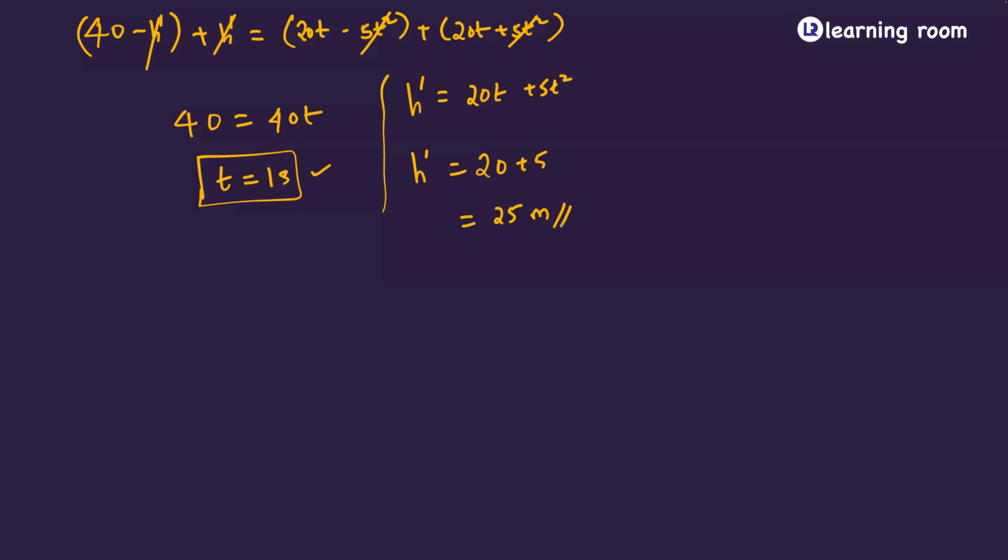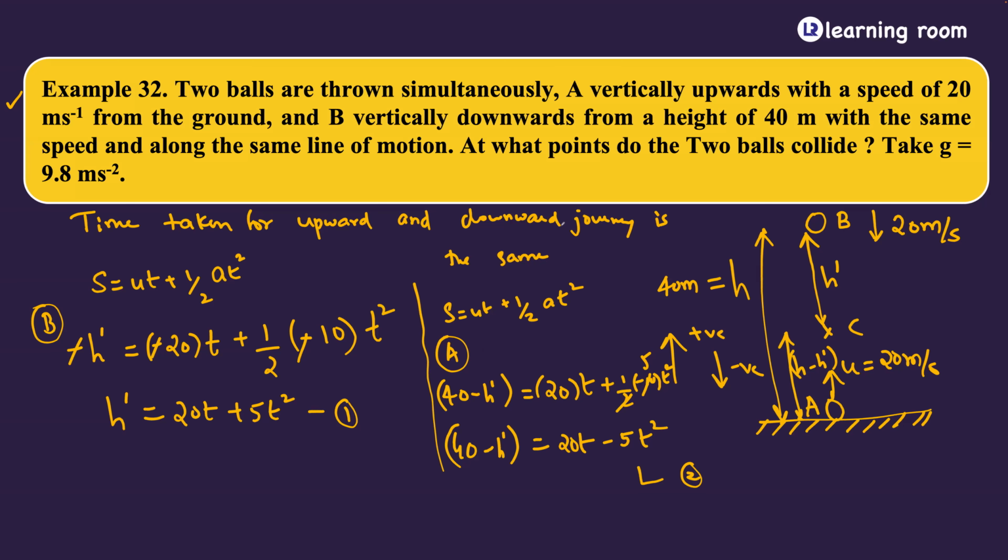Meaning, out of 40 meter, object B has covered 25 meter, meaning it has covered more than half the distance. Exactly half the distance would be 20, but it has covered 25. What is the meaning of it? It is traveling faster compared to the object from the bottom, because the downward journey is acceleration, upward journey is retardation. Are you able to understand?